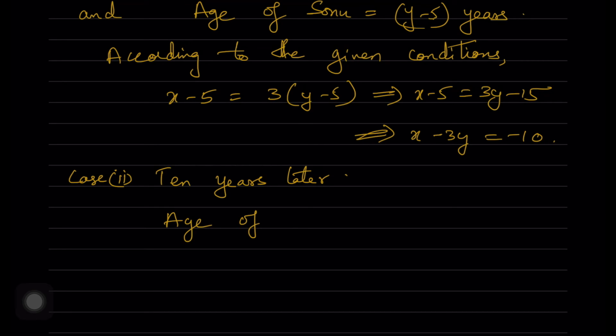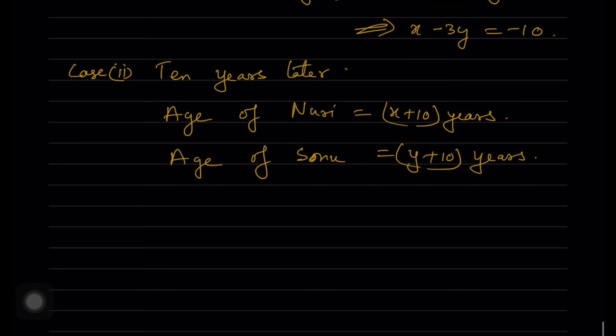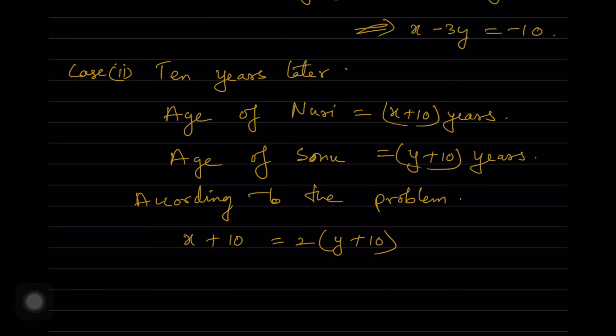So 10 years later means after 10 years. The age of Noori is x + 10 years and the age of Sonu will be y + 10 years. So 10 years later Noori will be twice as old as Sonu. So x + 10 = 2(y + 10). That is the second equation which we are having.